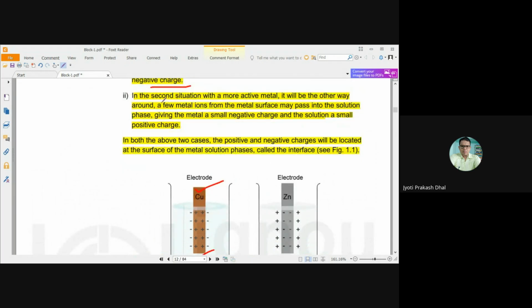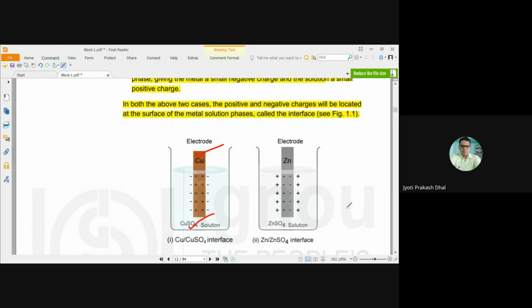And in the second situation, which is a more active metal, it will be the other way around. A few metal ions from the metal surface may pass into the solution, because this is an active metal. So in the second case, the zinc electrode is dipped in zinc sulfate solution, and the zinc metal contains Zn atoms.